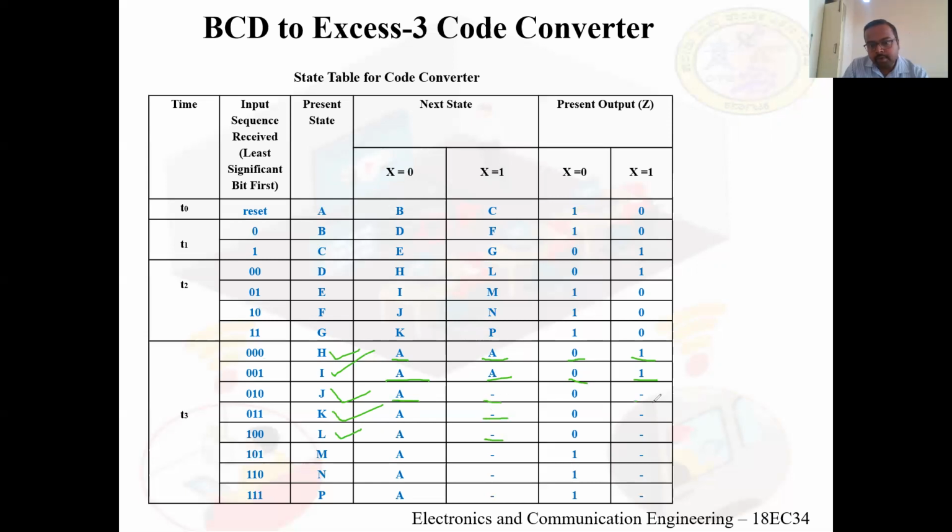Since they are don't care terms, all these states are the same. We know how the don't care terms work. So H, I, J, K, L are the same because their outputs are the same, and the next state when X is 0 and X is 1 is also the same. So all these states H, I, J, K, L are the same.